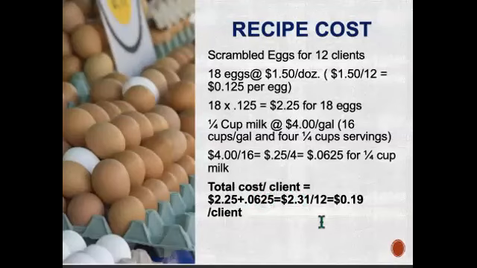That gives me a total of $2.31 for the entire meal for 12 clients, and I serve 12 clients, so I divide the total of the entire recipe cost by 12, and it gives me a total of 19 cents, and that's how much each client is costing me to give them scrambled eggs.